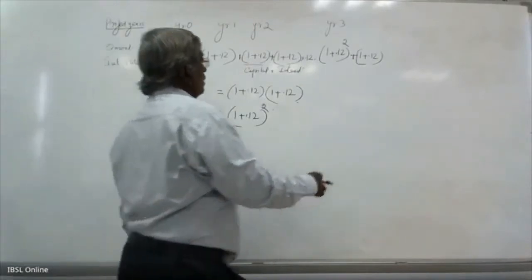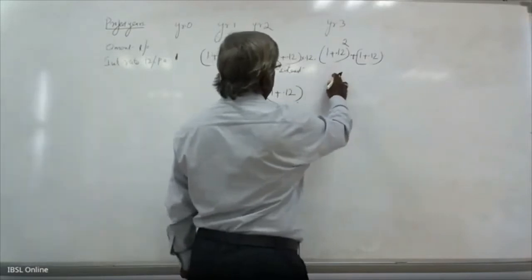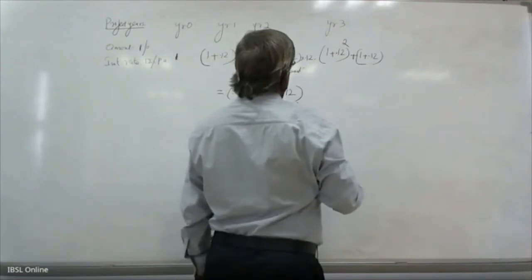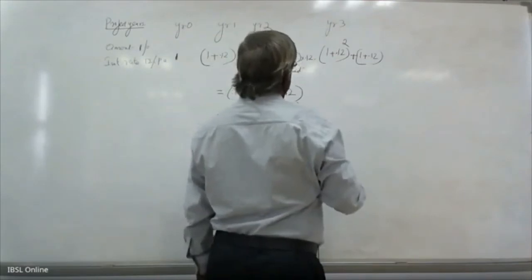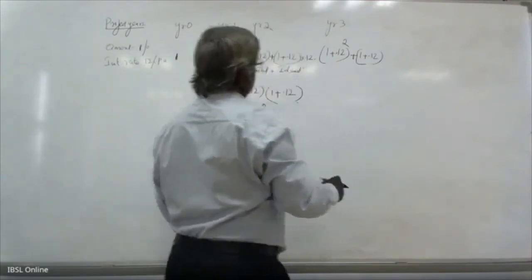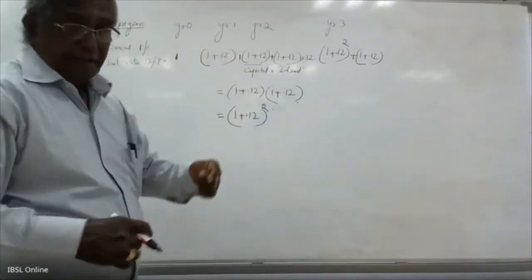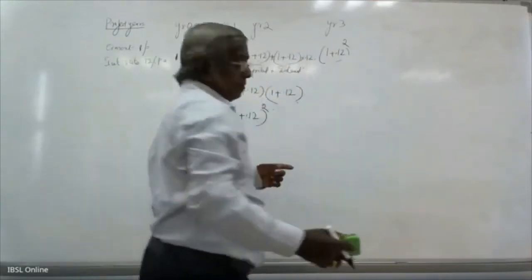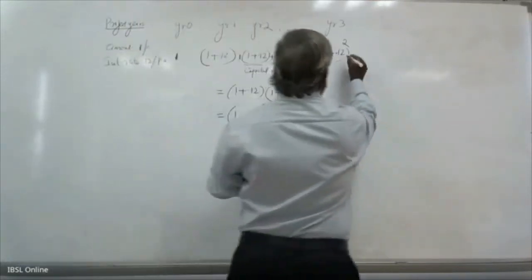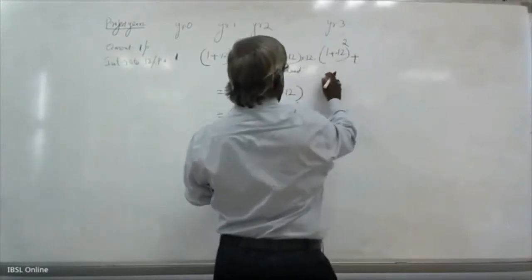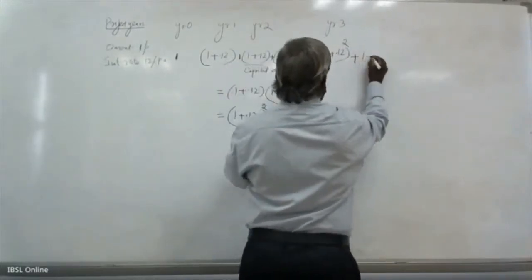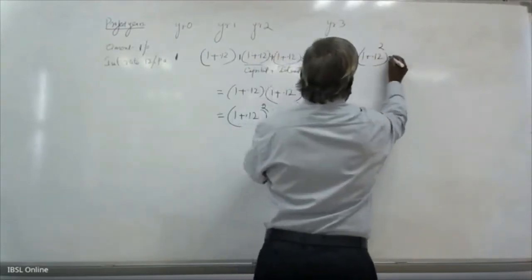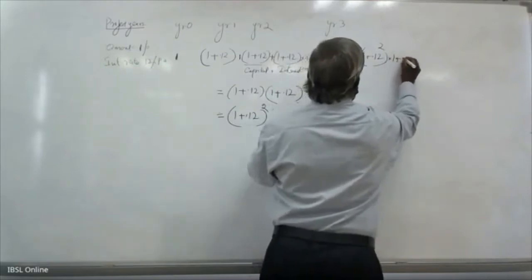Simplify this. Common factor 1 plus 0.12. Plus interest on this capital, 1 plus 0.12 to the power 2 into 1 plus 0.12.